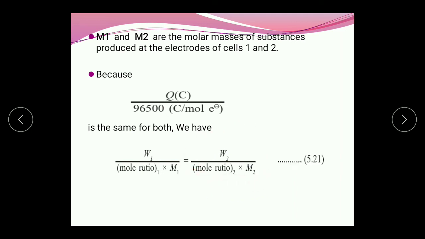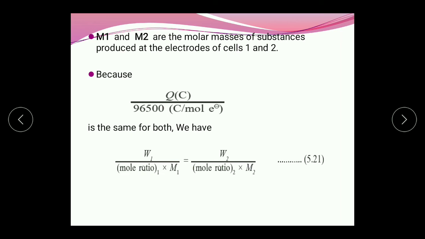This is the formula we got: if we connect two cells containing two different electrolytes, the masses of the products formed are related as W1 upon mole ratio 1 into M1 equals W2 upon mole ratio 2 into M2. Numericals on this formula can also be asked.